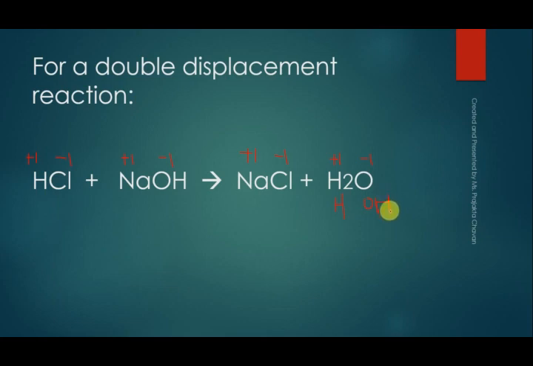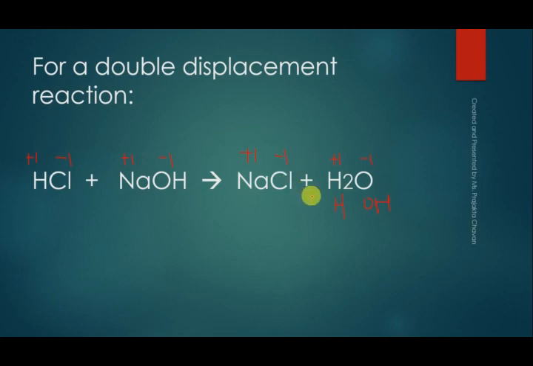So these are the charges for each element or ions respectively. Now students, if you have noticed here, hydrogen is +1 and on the product side also +1, Cl -1 and on the product side also -1, sodium and OH +1 -1, +1 -1.